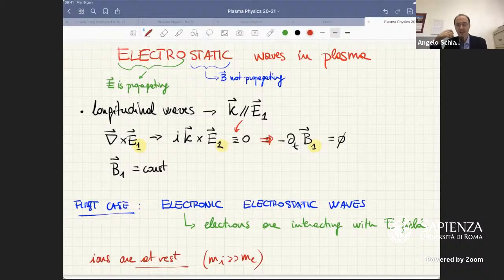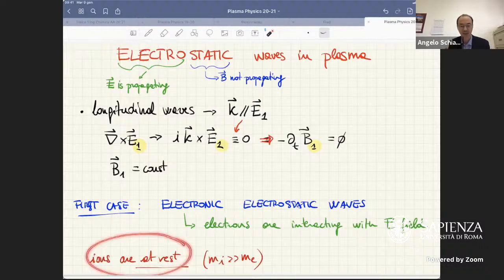The ions will see just an electric field flipping up and down very fast, so they will just oscillate on their own location without moving. So we can easily consider them at rest with respect to the electrons. This is not true in general, but with respect to the electrons, they can be considered at rest.